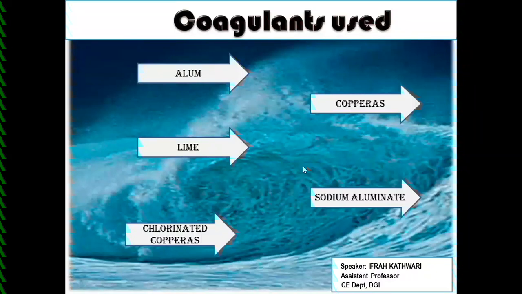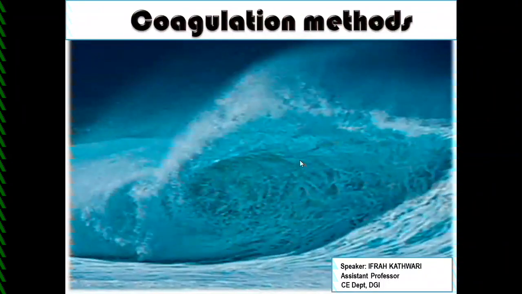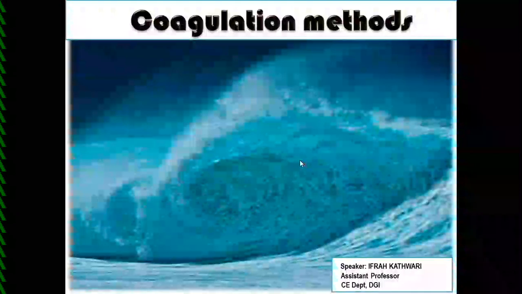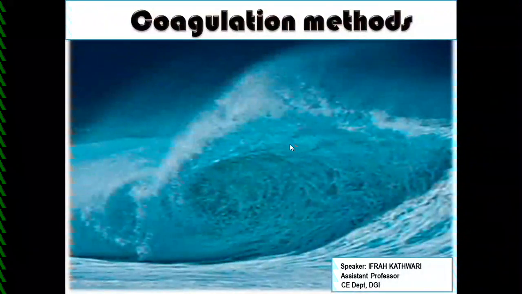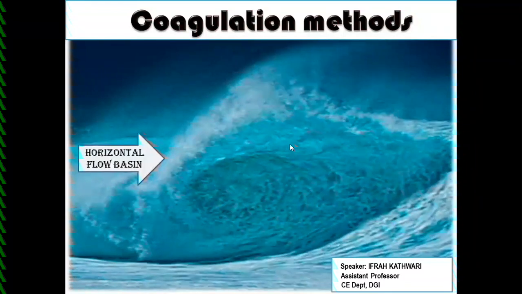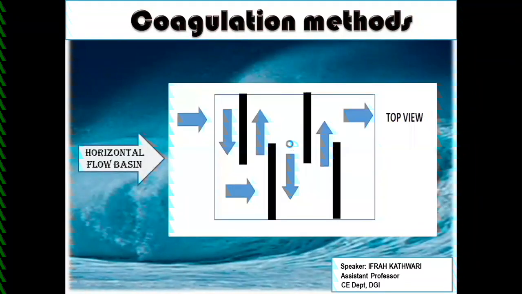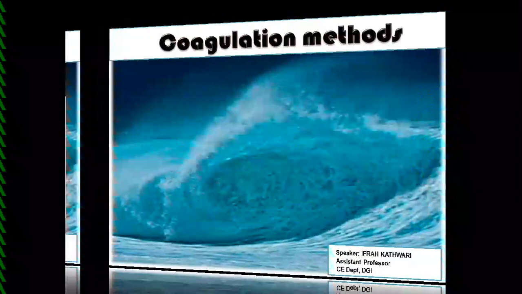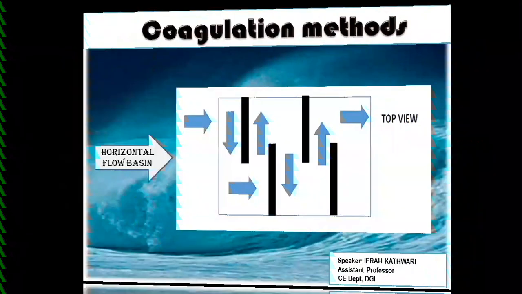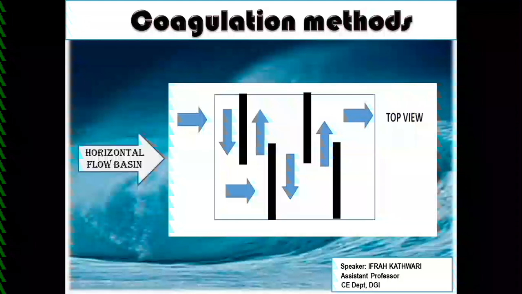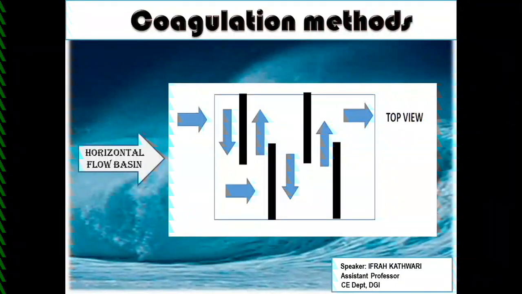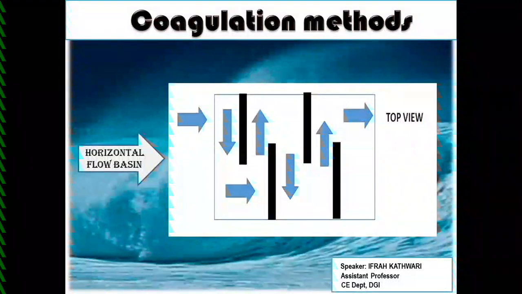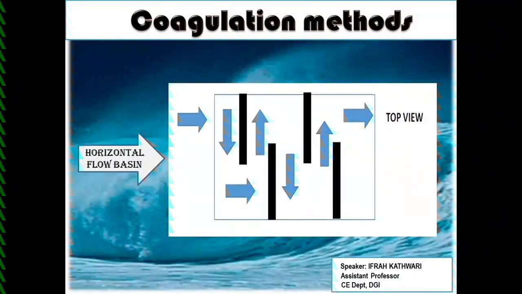Okay, moving on. Then we have coagulation methods. What are the methods we use for coagulation processes? The first one is the horizontal flow basin. As you can see, this shows the horizontal flow. In coagulation, as I told you, it's rapid mixing, so coagulation methods depend on the method of mixing that you're adopting.